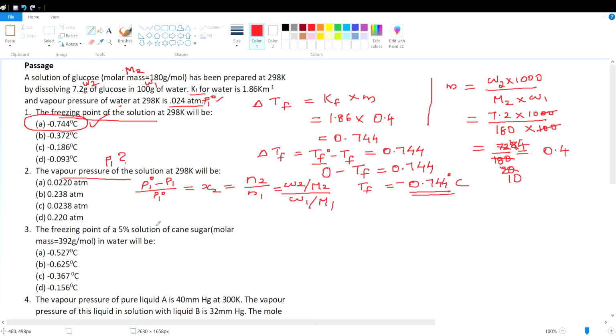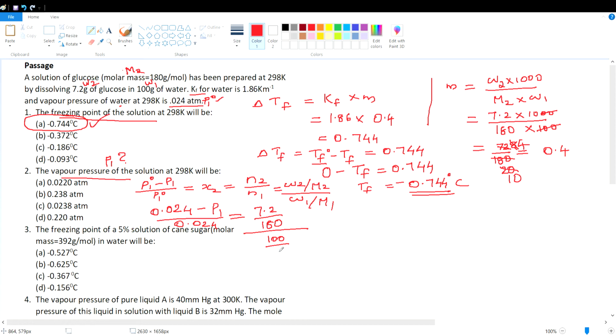Now substitute all the values given in the question. P10 is given in the question as 0.024 minus P1 we need to calculate divided by 0.024 is equal to W2, mass of the solute, 7.2 divided by M2, molar mass 180, divided by W1, that is 100 gram, by molar mass of water.